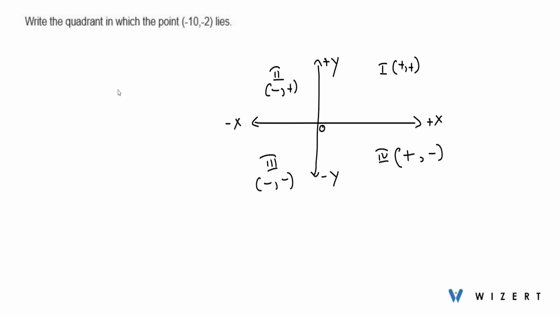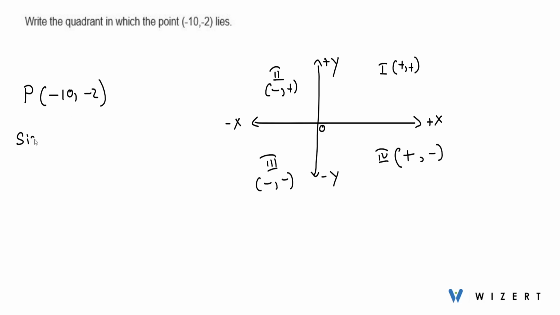Now the point given to us is (-10, -2). Let's consider that point as P. So that point is (-10, -2). Now carefully observe that both the x coordinate and the y coordinate of this point are negative.